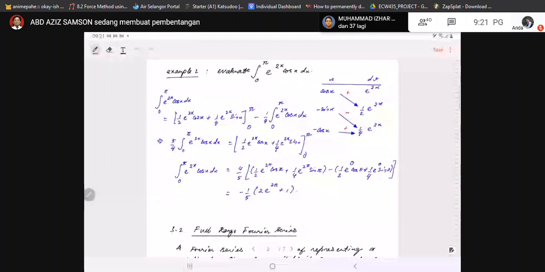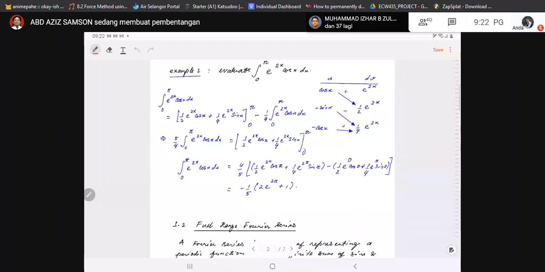in these examples on integration by parts, evaluating e to the x cos x, it is the same, where here you choose u as cos x, dv is e to the 2x.